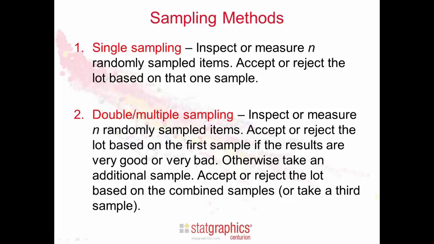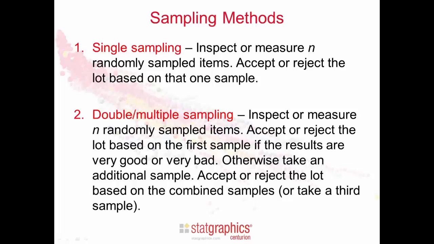In a typical double sampling plan, you'd select the first sample and inspect or measure each of the items in that first sample. You would accept or reject the lot based on the first sample if, in fact, that sample showed the lot to be either very good or very bad.